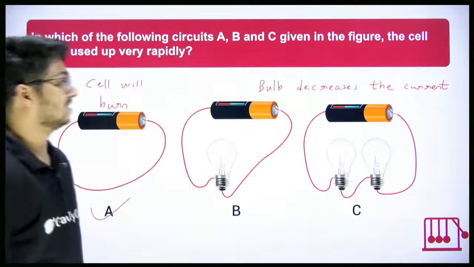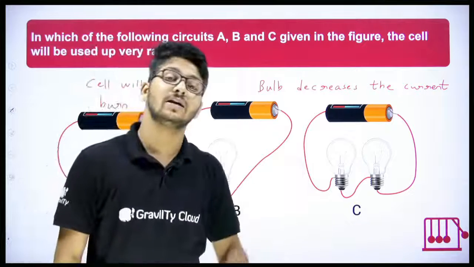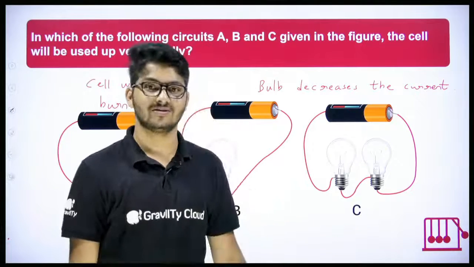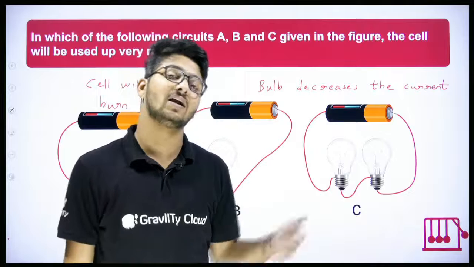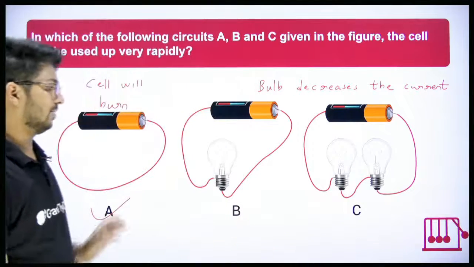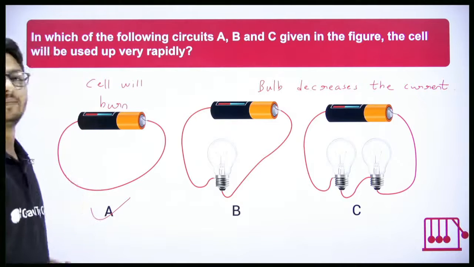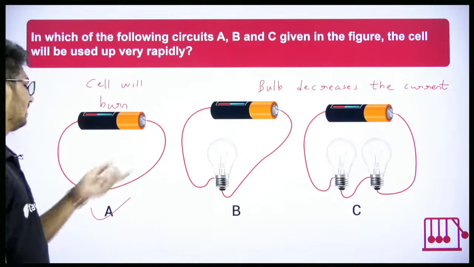One bulb will decrease the current. Two bulbs will decrease the current much more. So between A, B and C, A uses up the cell rapidly because there is nothing here to decrease the current.